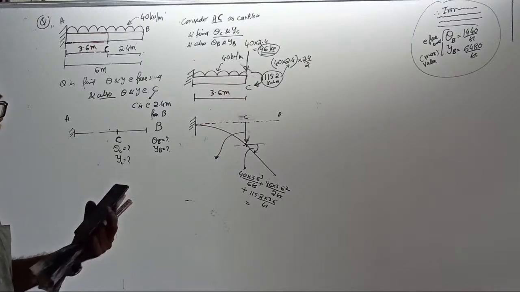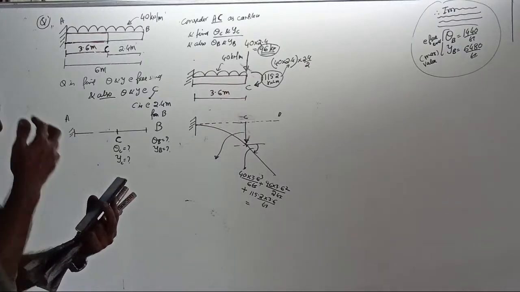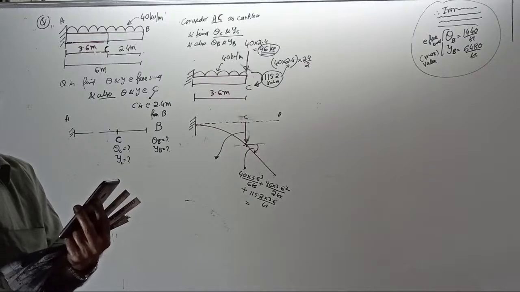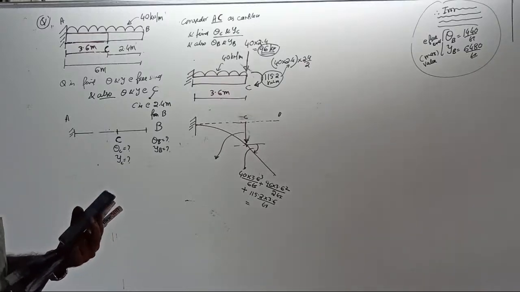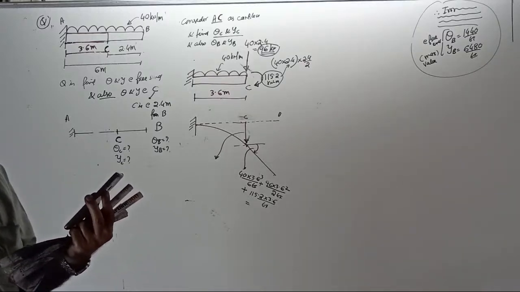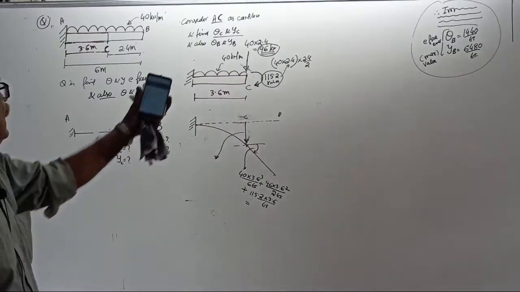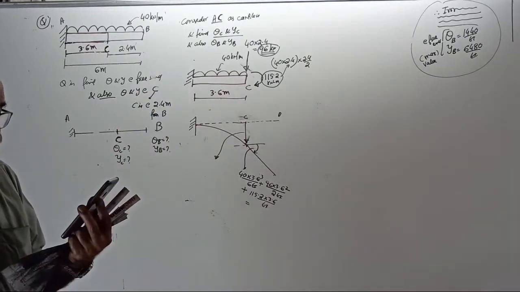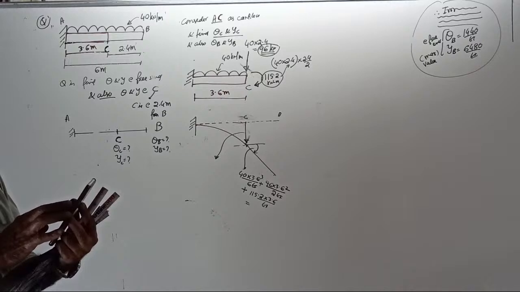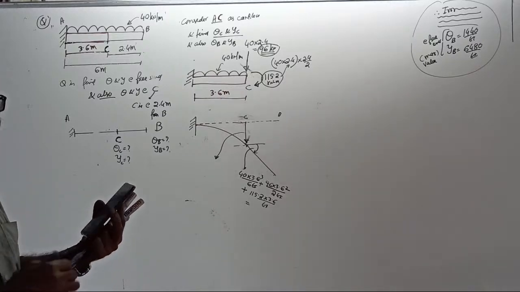That will give the slope there. This will not take much time. UDL, WL cube by what? If the UDL is not there, only that point load and couple first. I want the slope.